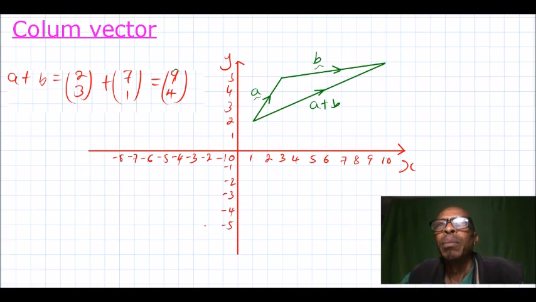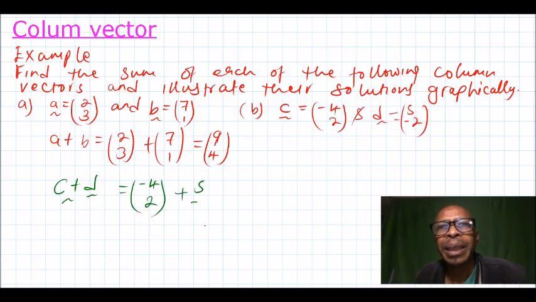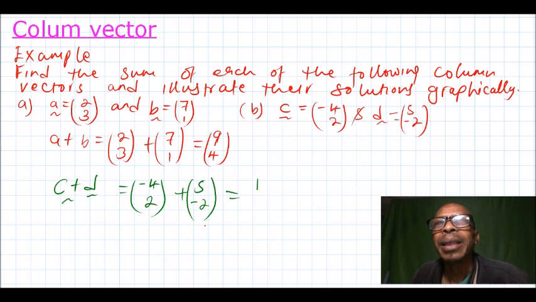We go back and see the other one. We are told to add C plus D. So C plus D is equal to (-4, 2) plus (5, -2). That will give us minus 4 plus 5, which is 1, and 2 plus minus 2, which gives us 0.